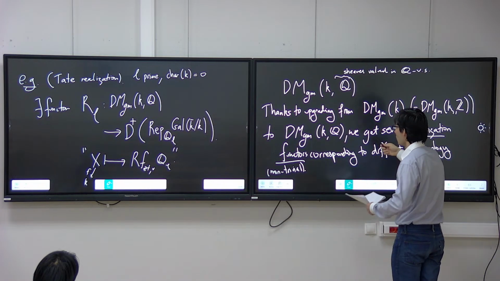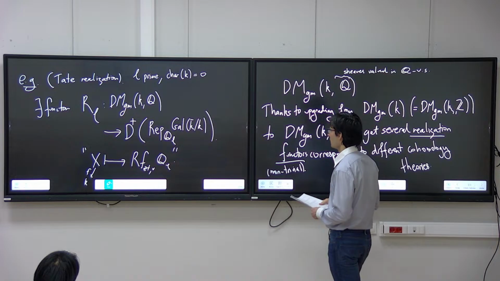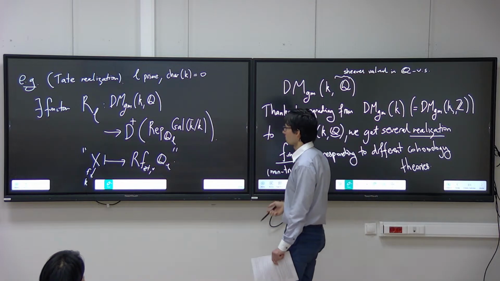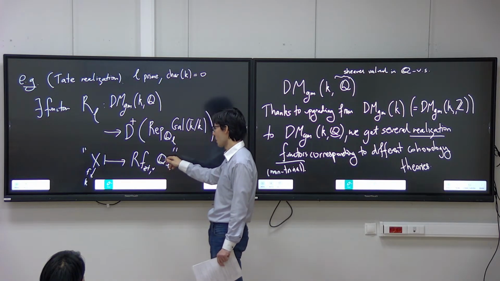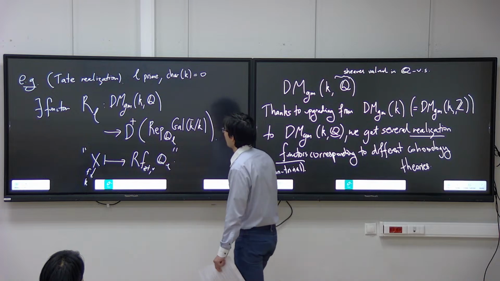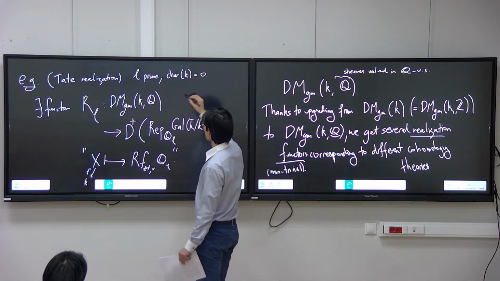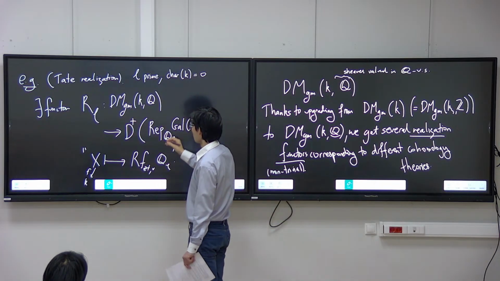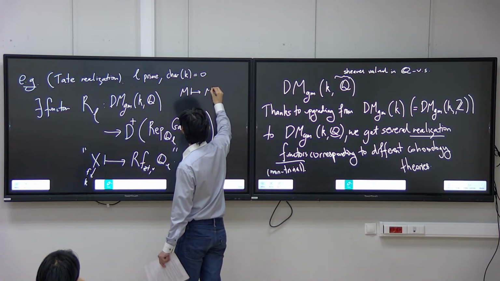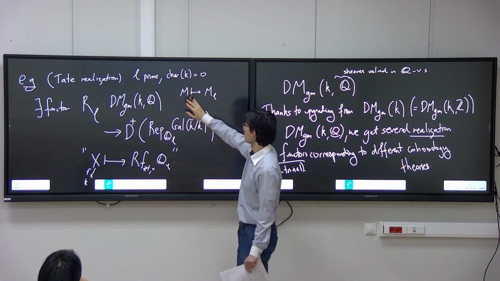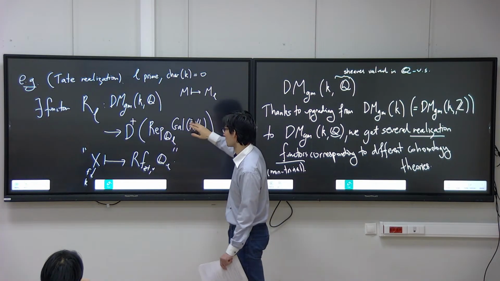But this formalism only works once we upgrade everything to Q. So it's one reason to upgrade over Q. The other reason is that it's a bit easier to consider rational etale cohomology than integral for our story. Okay, so this l-adic realization, I'm going to denote this by M gets sent to M_l, okay? So some geometric motive M gets sent to its l-adic realization, which is some object in here.